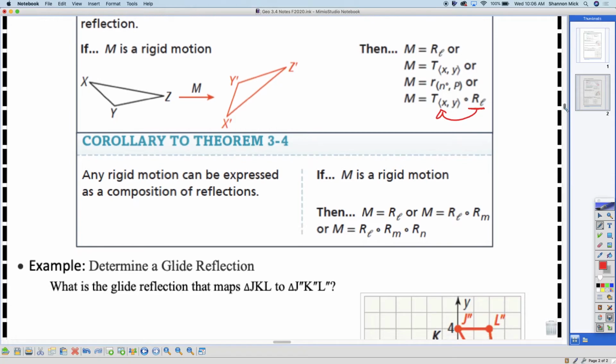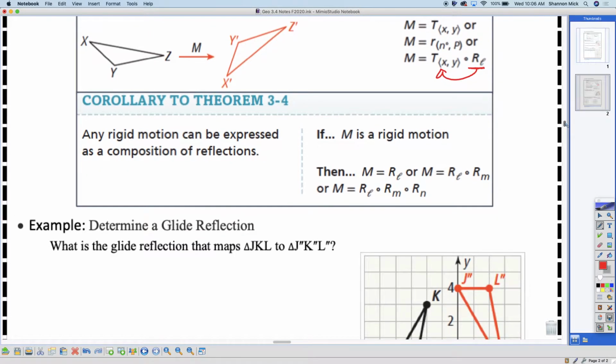So any rigid motion can be expressed as a composition of reflections, and that's our composition right here. If M is a rigid motion, then M equals reflection over L, or M equals the reflection over L composed with reflection over M, or do you see how I can keep adding compositions to this?